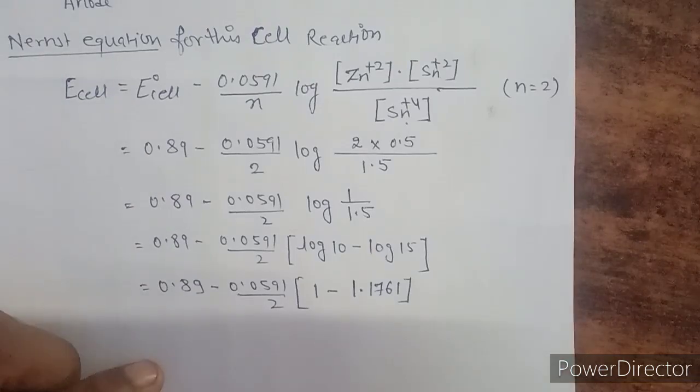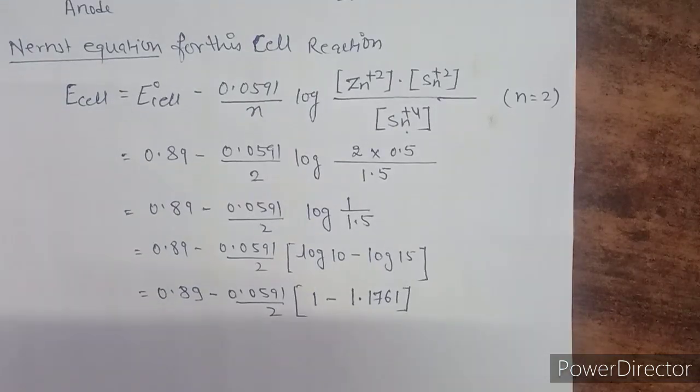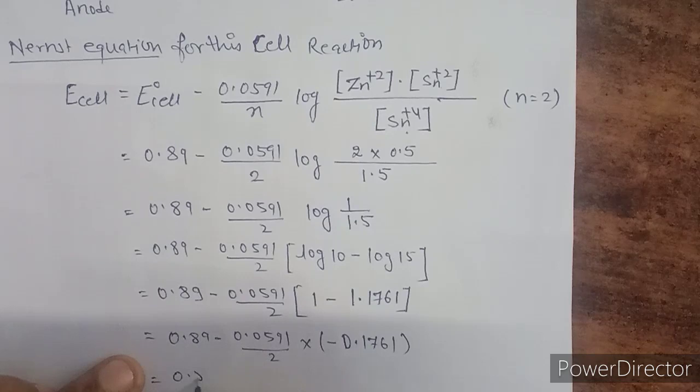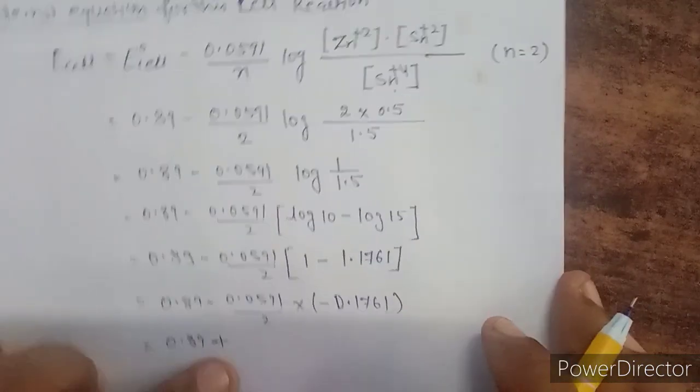Now solve it. Put the value of this. 0.89 minus 0.0591 divided by 2 into minus 0.1761. Now this is the plus sign and this is the plus sign.